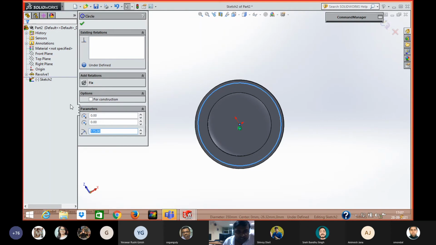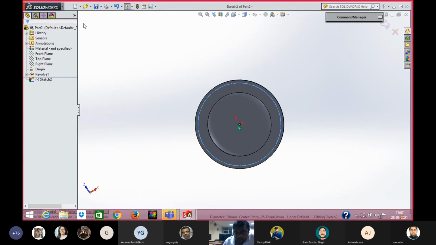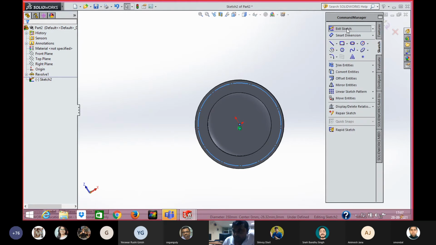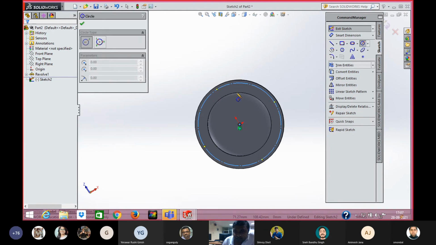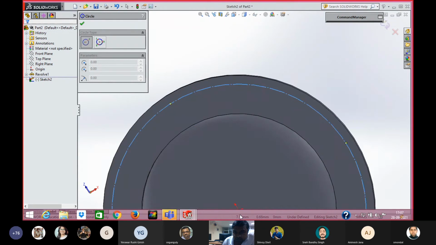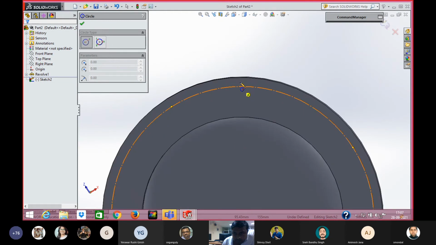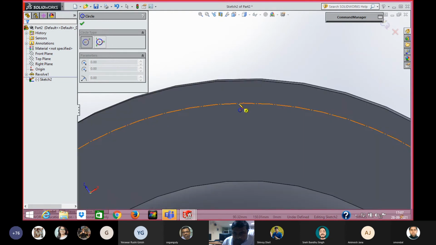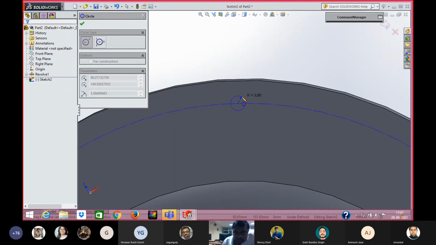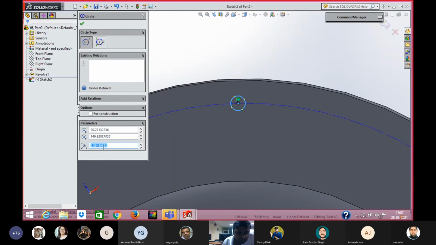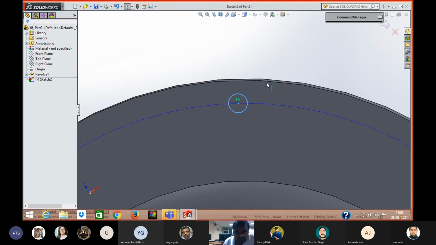Now this circle we have created only for construction. Then you can make a hole according to your bolt size, bolt nominal diameter. So suppose here you can take the radius as 5 mm, and the total nominal diameter is 10 mm, so you can use 10 mm bolts for joining.